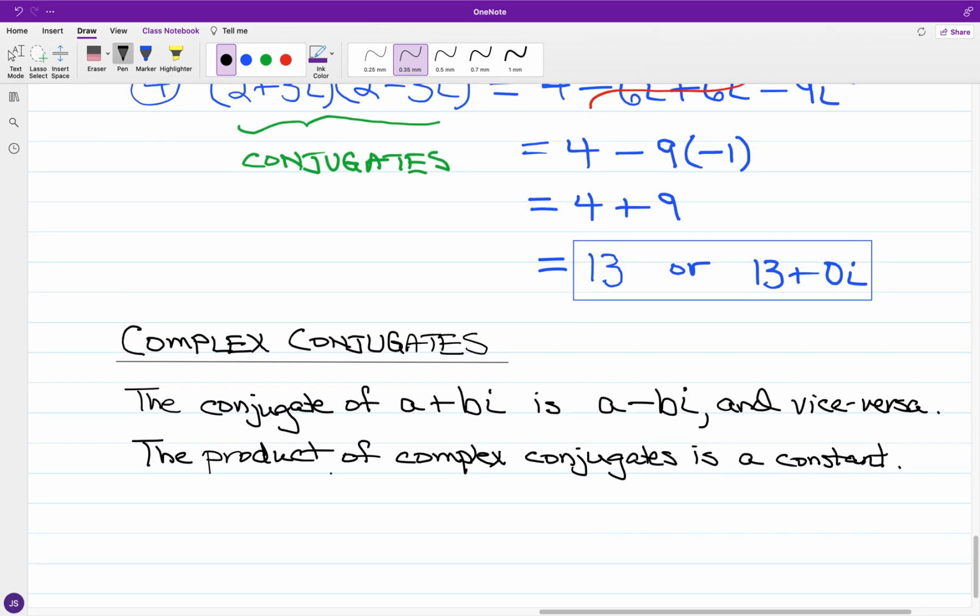And here are just some samples of complex numbers and their conjugates.